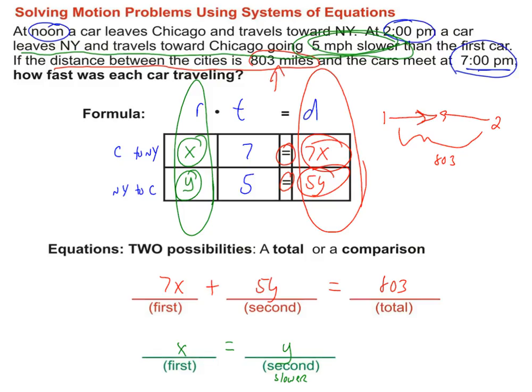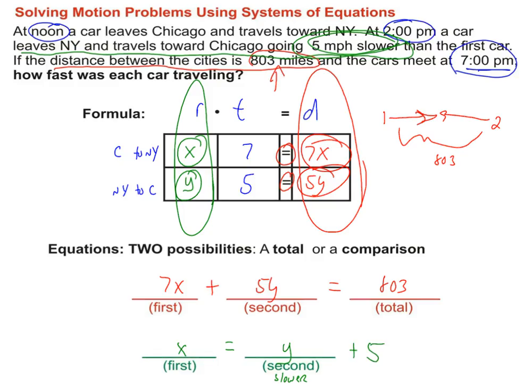So why don't you pick a mile per hour. I'm going to go 100 miles per hour. If the first car was going 100, the second is 5 miles per hour slower, it's 95, right? And what would you have to do to make it an equal equation? You would have to add 5 to the slower side. Hey, that's what we do here. You got to add to the slower.